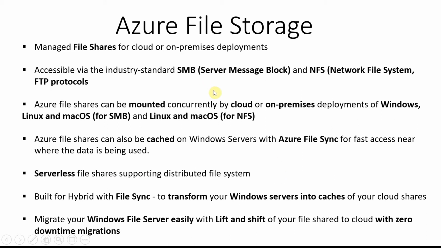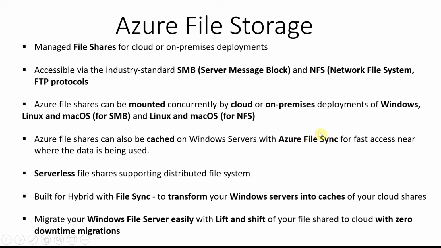Then, again in a similar category, File Sync for the hybrid scenario, which will primarily transform your Windows servers into caches. If you already have a Windows server which you're already using for caching purposes, you can use that itself for your Azure File Sync.